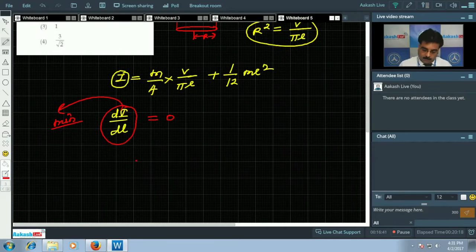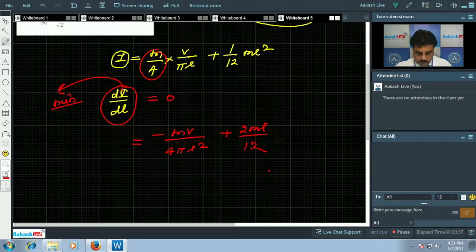If I go for the differentiation of the given expression, what will come out? Minus mv upon 4 pi L square. You know this is the basic of the differentiation, plus 2 times of ml divided by 12, right?